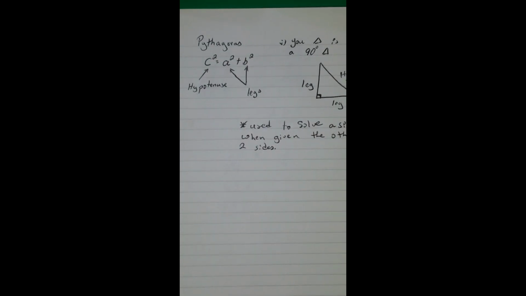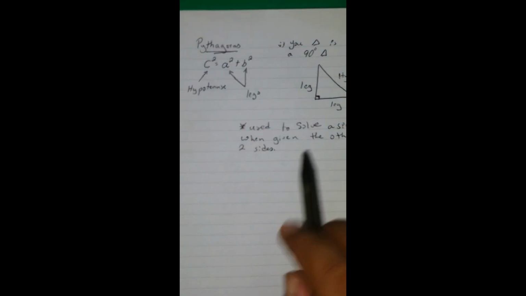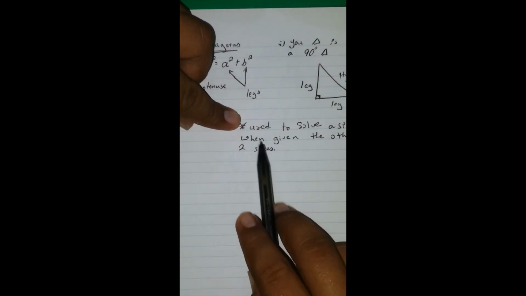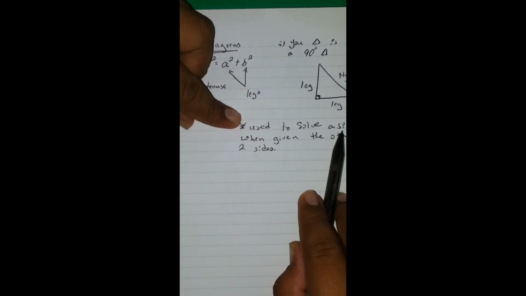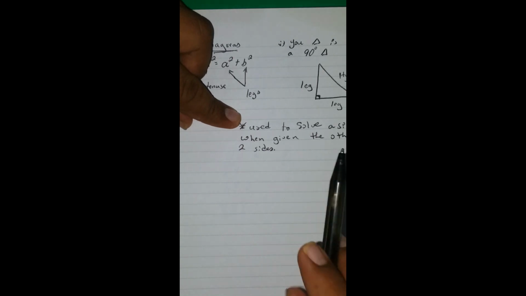So this is what you have to follow. One, it is a 90 degrees triangle, so we can use Pythagoras. Secondly, use it to solve a side whenever the other two sides are given, right?